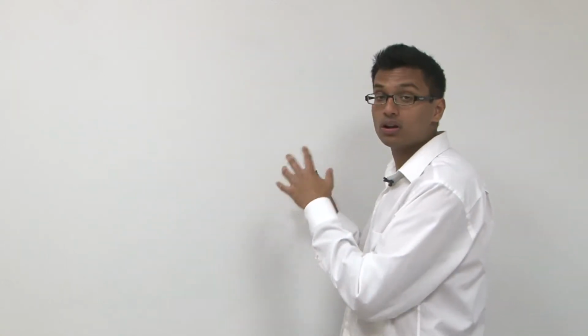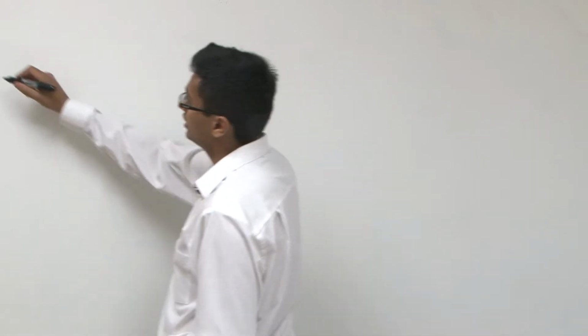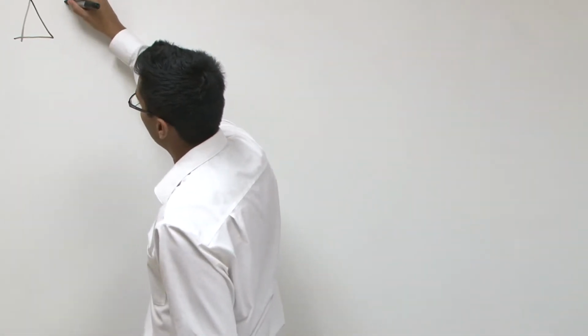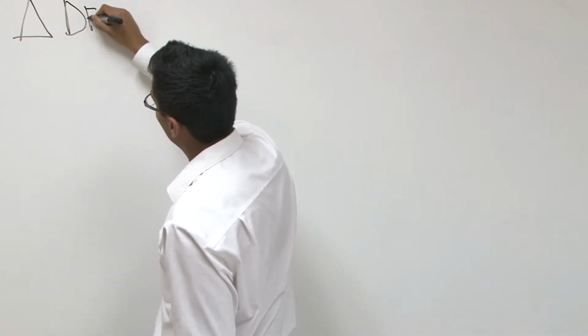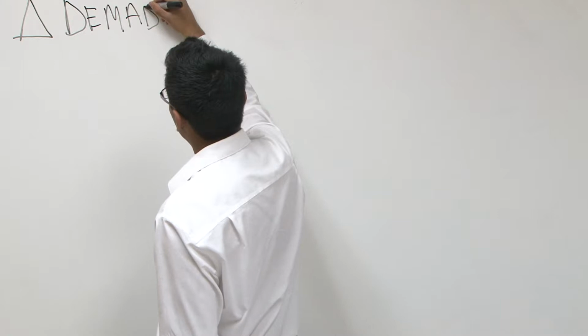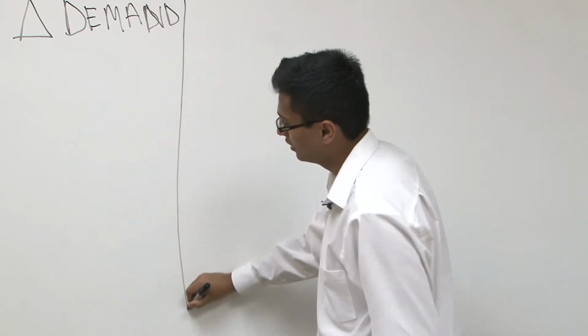So the way we're going to section this off is into 4 particular areas, right? The first one is going to be the change in demand, okay?